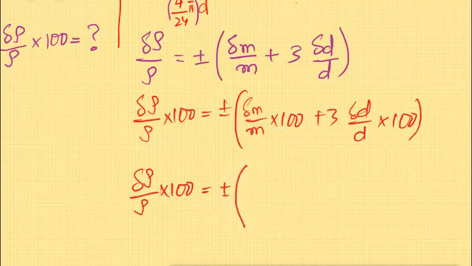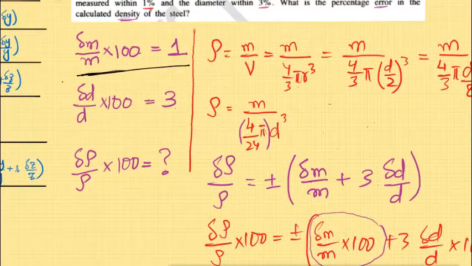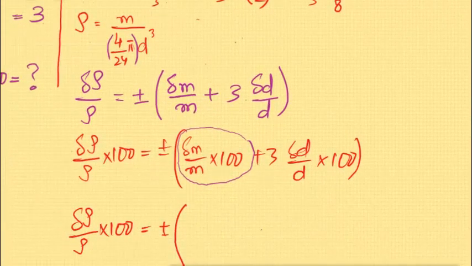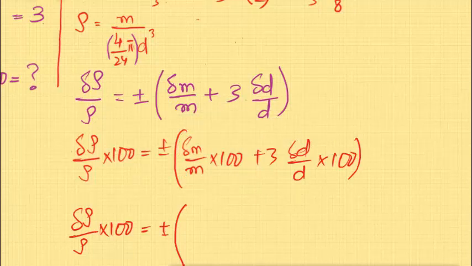Now this is the percentage error in mass. So I know the percentage error in mass here. This is 1. So in place of this whole term, I am going to write 1, because the percentage error in mass is 1. Plus, this 3 is going to be written as it is, multiplied by this whole term, the percentage error in d.